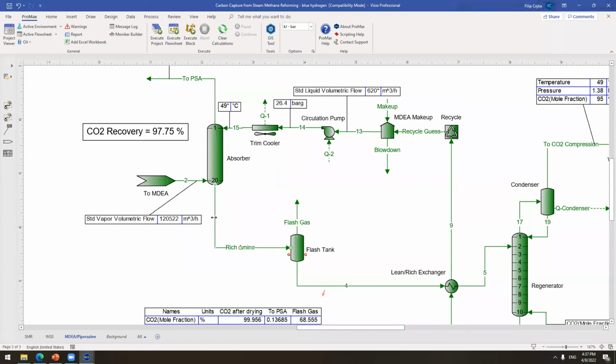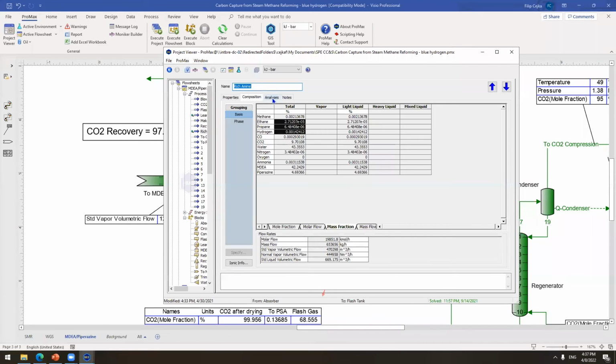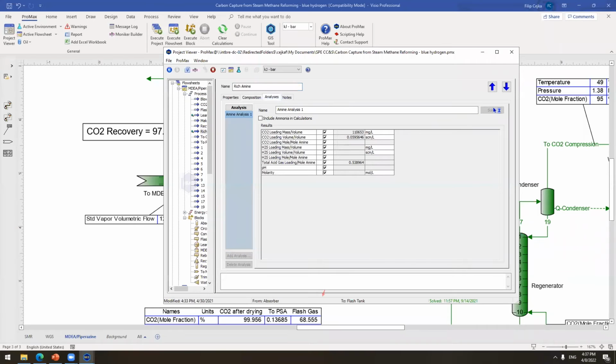And I want to show you one thing here. Okay, I want to show you the analysis. I want to solve it. And you can see here, as I've been talking about loading, this is the total acid gas loading, or just the CO2 loading. So that means how many moles of CO2 I captured per mole of amine.